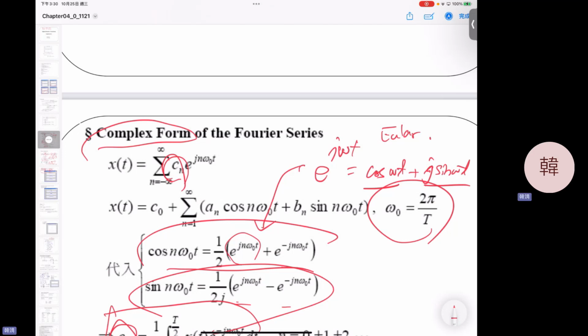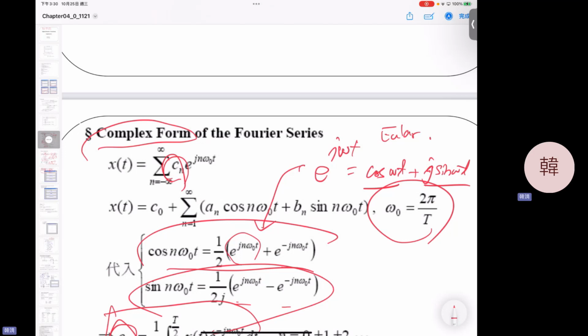And the next one will happen at 2 omega 0, and the next one will appear at 3 omega 0, 4 omega 0. So it depends on the fundamental frequency, 2 pi divided by T. So T is in the denominator. If your T is smaller, the reciprocal becomes larger.